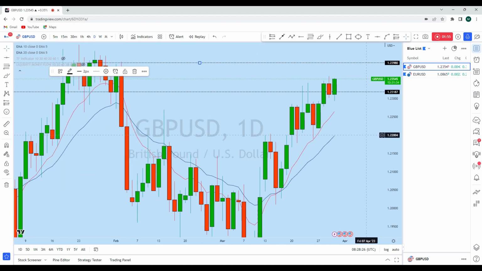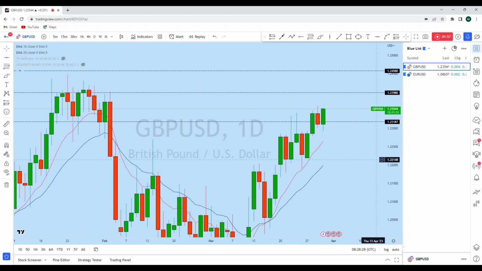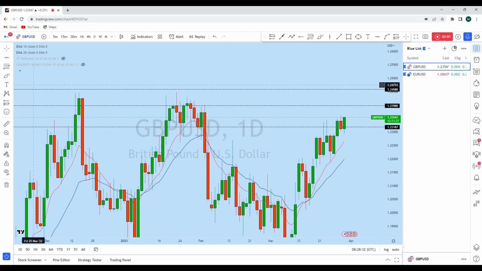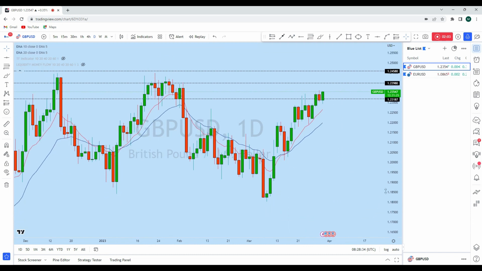Now if I look at the daily, GBPUSD is currently showing strong bullish price action starting from this liquidity grab. There is a big impulse followed by a correction, another impulse, and then consolidation on the daily.